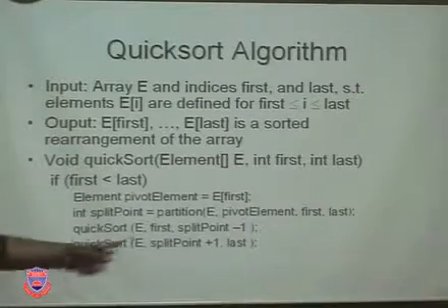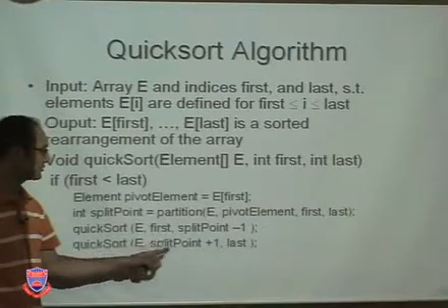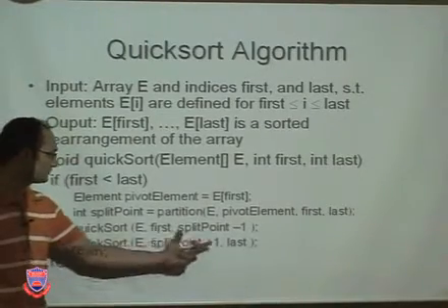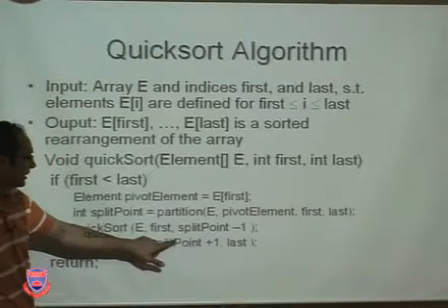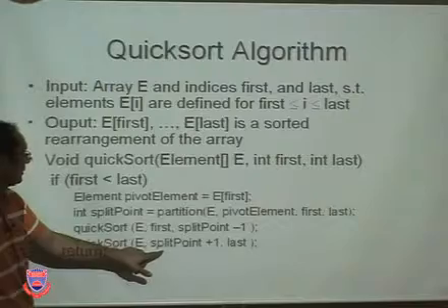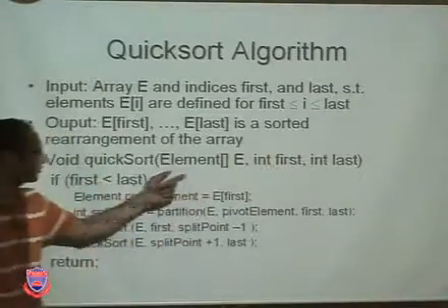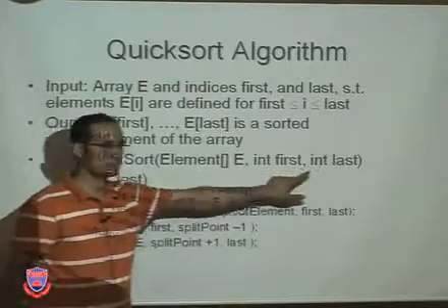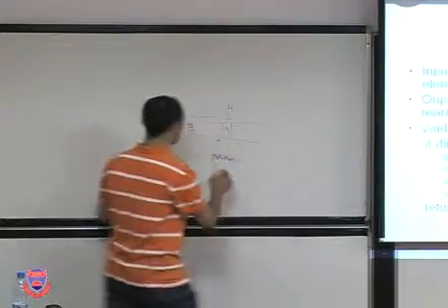That's why it says from first, this is the pivot element, and then you start from the first element to the split point -1. They forgot, no, actually that's true. Quicksort is called with the array and the first and last indices. So you call with the first element and then split point -1.